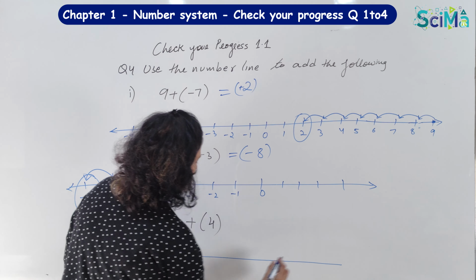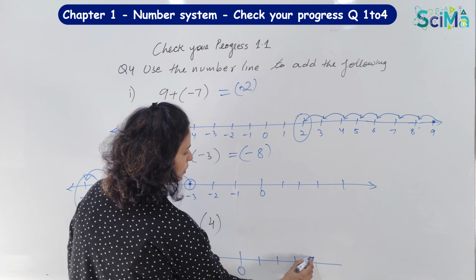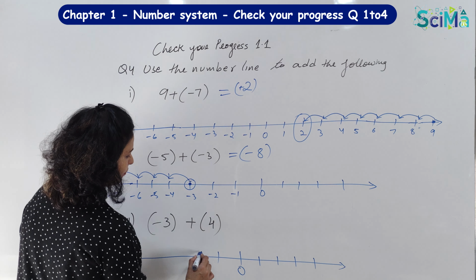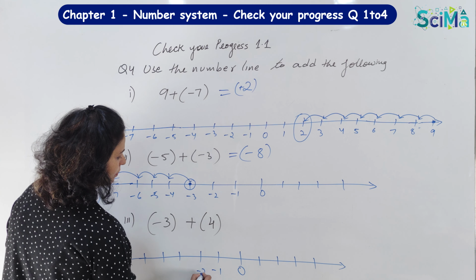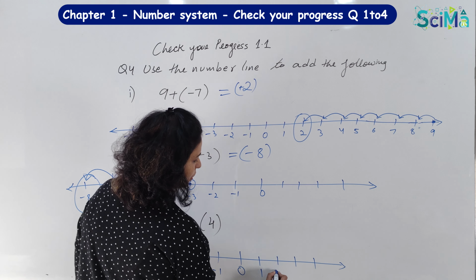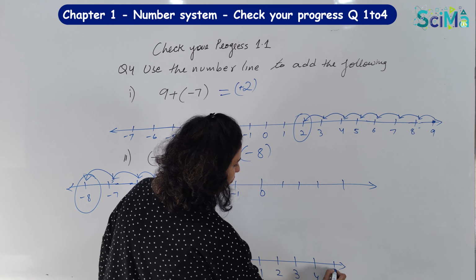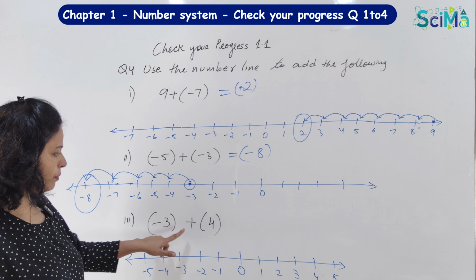Here again we draw a number line. 0 in the middle, positive numbers on the right side, negative numbers on the left side of 0: minus 1, minus 2, minus 3, minus 4, minus 5. Here plus 1, plus 2, plus 3, plus 4, plus 5, and so on. So here it is minus 3 plus 4.